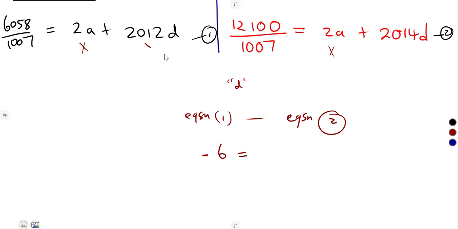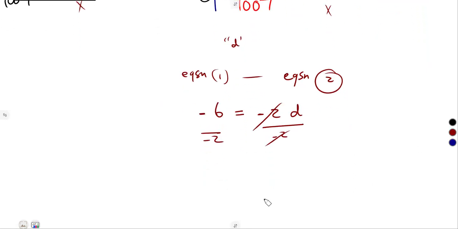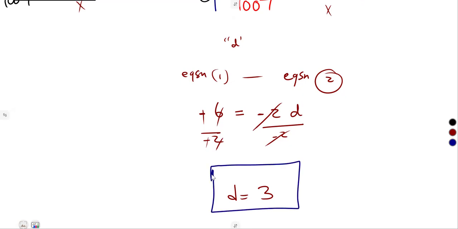So it's now 2012 minus 2014, which is negative 2, so negative 2d. To find d, simply divide by negative 2. Therefore, we have our d as a positive 3.